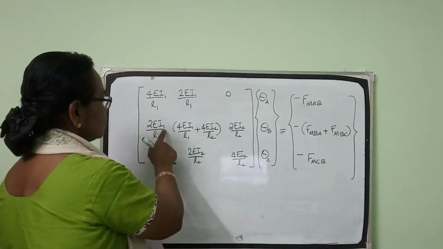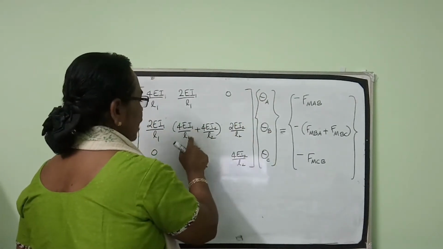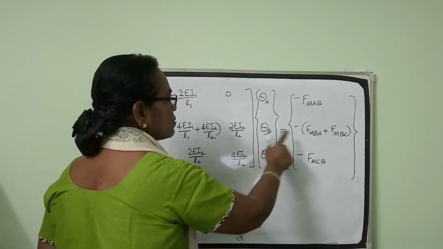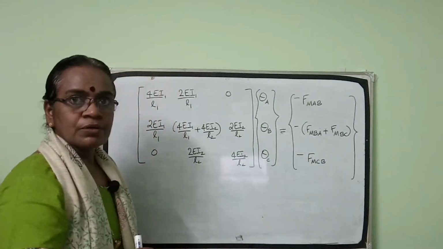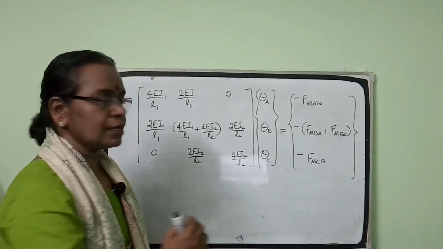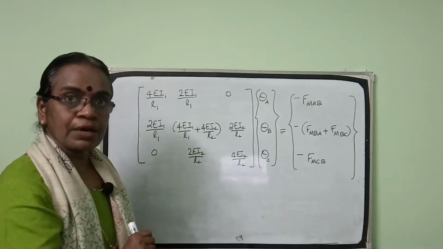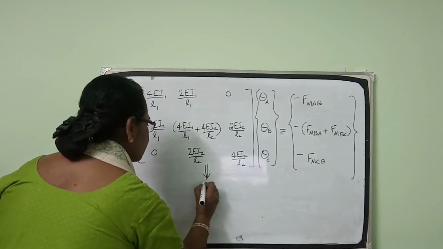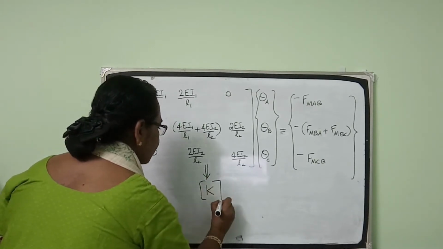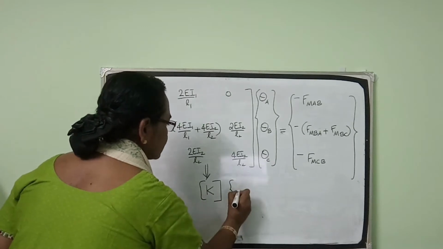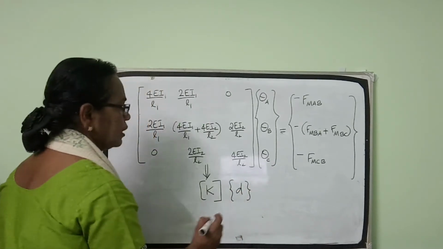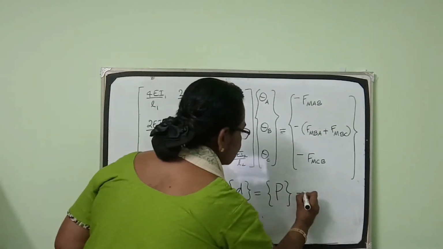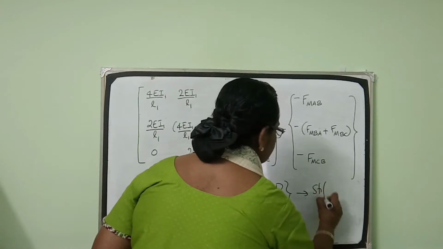The second equation: 2EI1 by L1 into theta A, (4EI1 by L1 plus 4EI2 by L2) theta B, 2EI2 by L2 theta C, plus FMBA plus FMBC is equal to 0. So the above equations 1, 2 and 3 are written in a matrix form. Now this matrix is known as the stiffness matrix K, and this unknown displacement vector is D, is equal to P, and this is the stiffness equation.